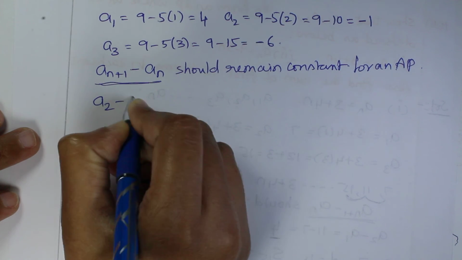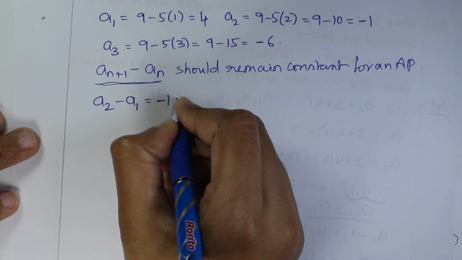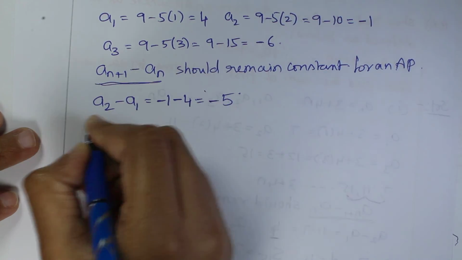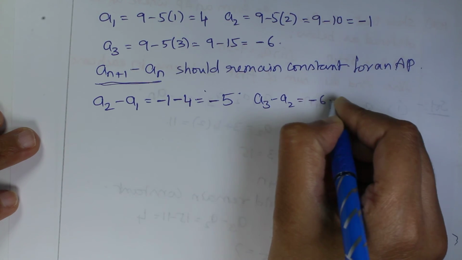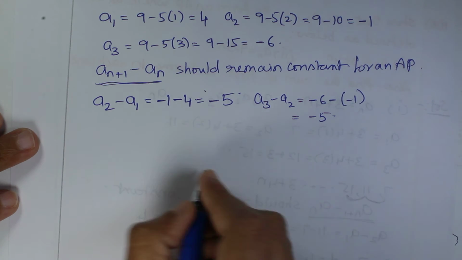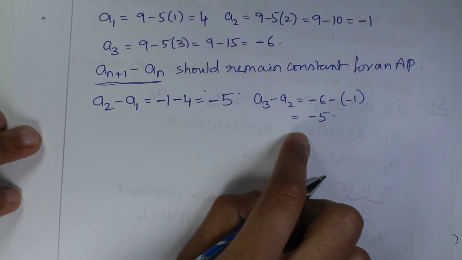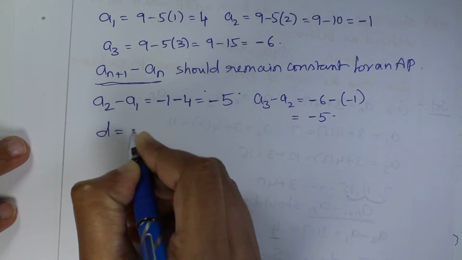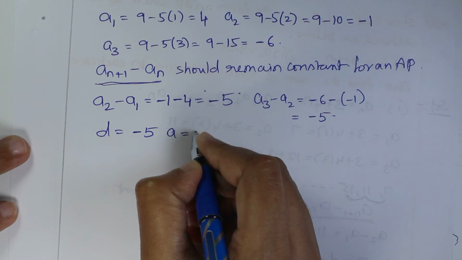So a2 minus a1 becomes minus 1 minus 4, that is minus 5. And a3 minus a2 becomes minus 6 minus of minus 1, that is minus 5. So a2 minus a1 is equal to a3 minus a2, so this is an arithmetic progression. The common difference d is minus 5 and the first term a is 4.